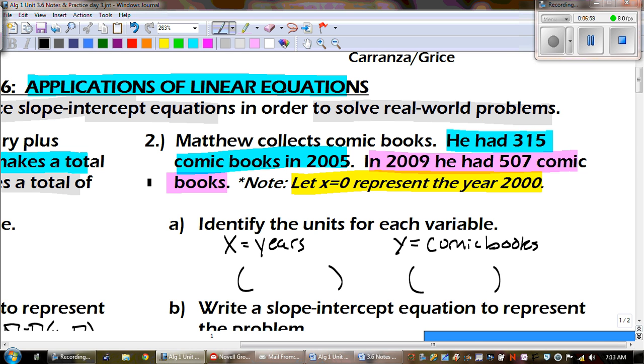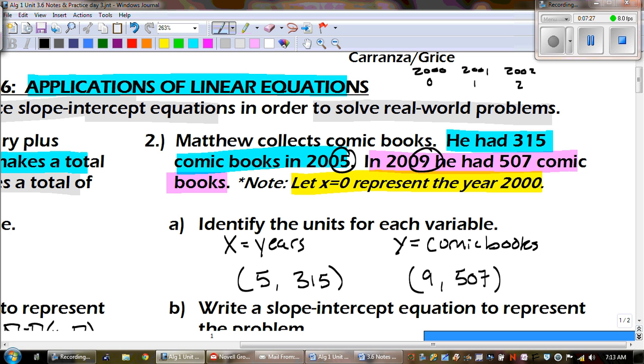So 2001 we would write 1, 2002 we would write 2. For 2005 we would say that is the number 5, 315. For 2009 it would be 9 and 507.